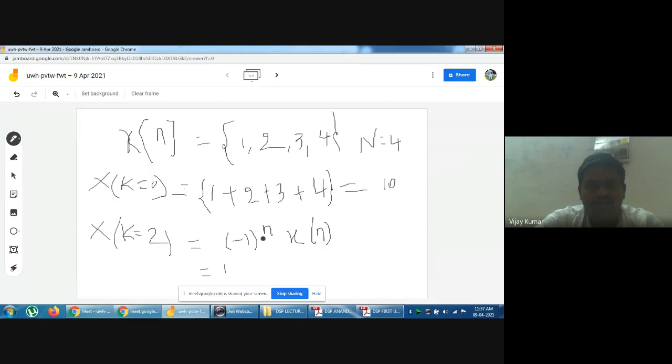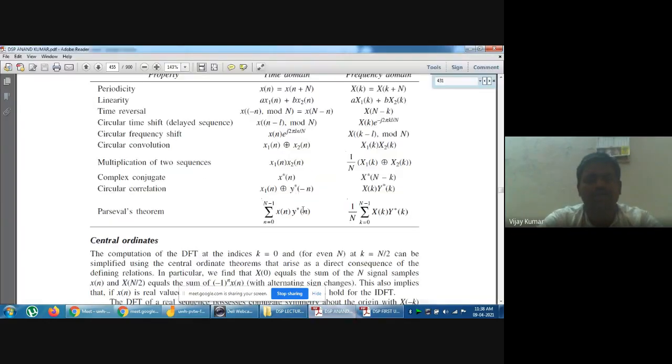When n equal to 1, minus 1 whole power 1 is minus 1, so minus 2. Alternate minus plus. So 1 minus 2 plus 3 minus 4. What will be its value? Minus 6 plus 4, its value is minus 2. No need to compute; without computing you can get the answer.